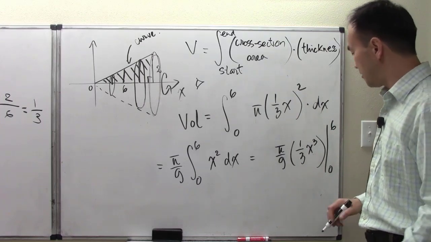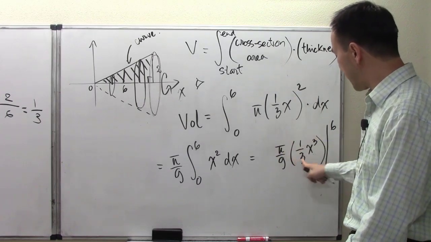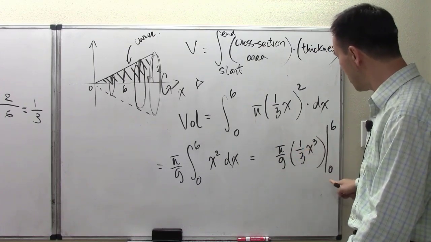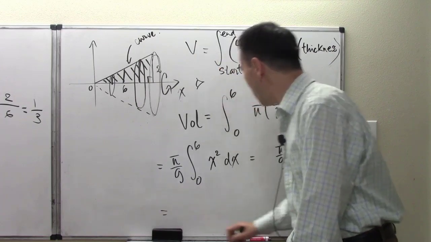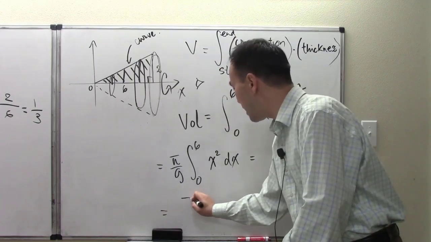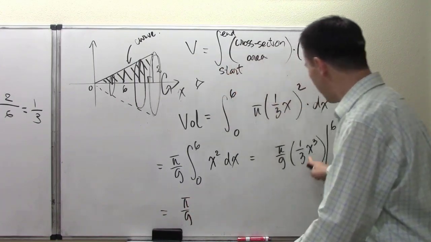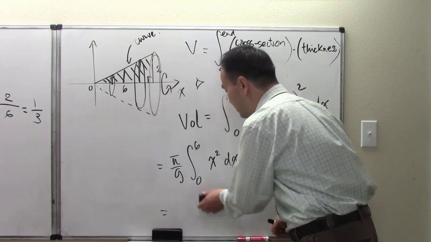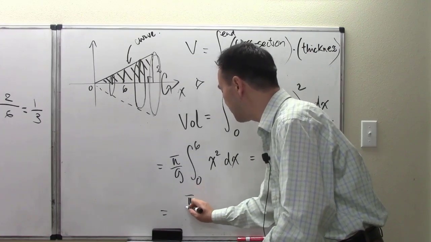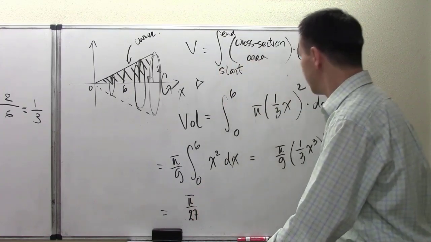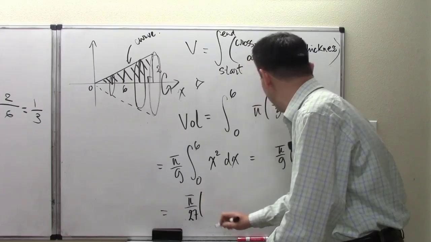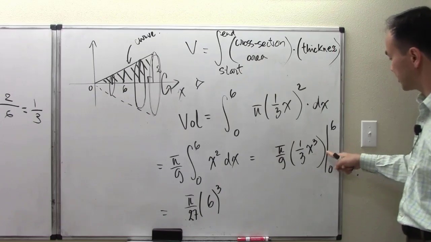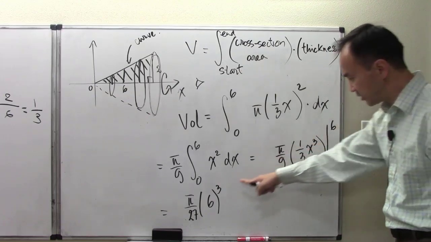Now this antiderivative is multiplied with x cubed. Once we are substituting values in, we have pi over 9 times 1/3, which I can make pi over 27. I'm going to multiply that with 6 cubed, because this is where I'm substituting x equals 6 into my antiderivative.